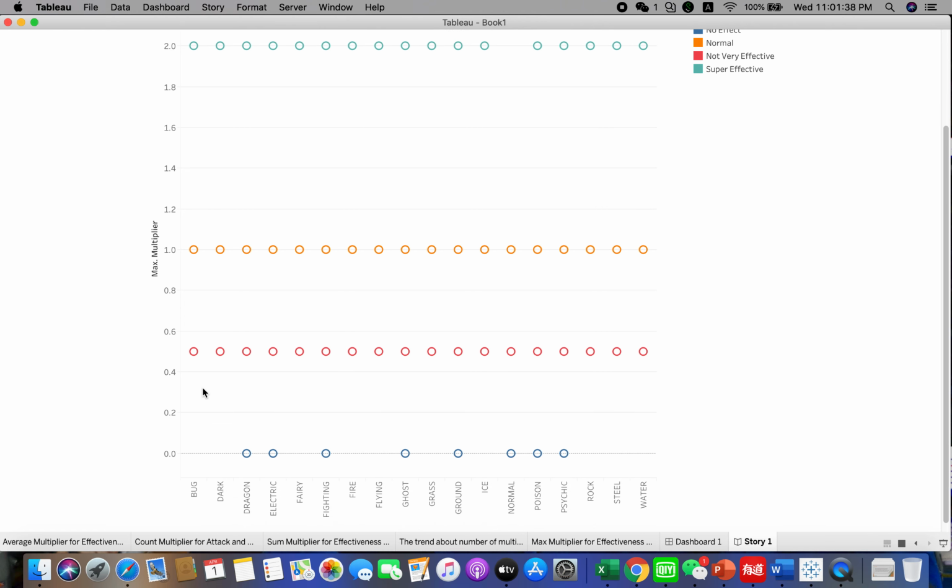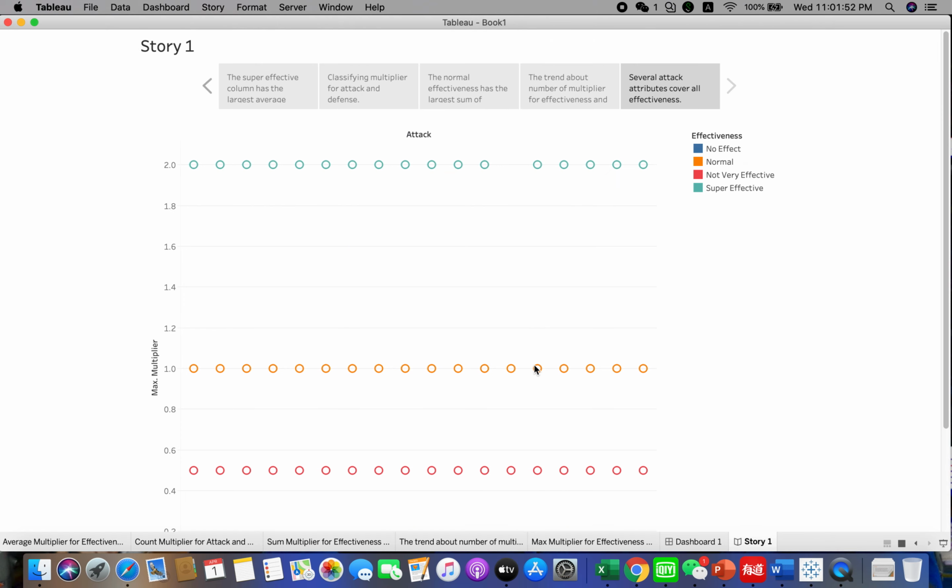Also, we found that the dragon, electric, fighting, ghost, ground, normal, poison, and psychic cover all effectiveness.